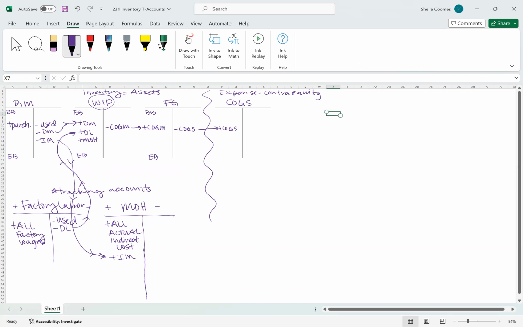Now, direct labor, once it's used, is going directly into work in process. So never forget those three manufacturing costs. Now, we also have indirect labor. So guess where that goes? That is going to go into our overhead. So now we see where direct materials and direct labor come from, and we see where indirect materials and indirect labor go to.